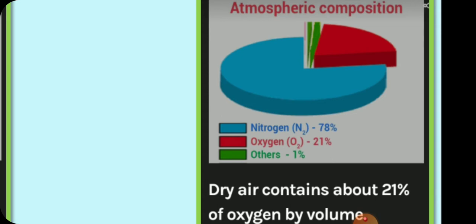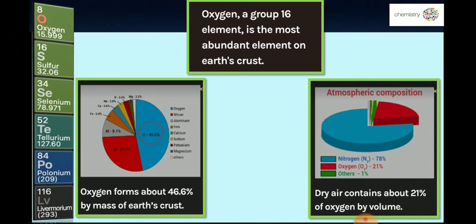The rest of the gases will be to an extent of only 1%: carbon monoxide, carbon dioxide, noble gases, oxides of nitrogen. Oxygen 21%, nitrogen 78%. So this is about the occurrence of elements, the abundance of elements in the earth crust as well as in the atmosphere.